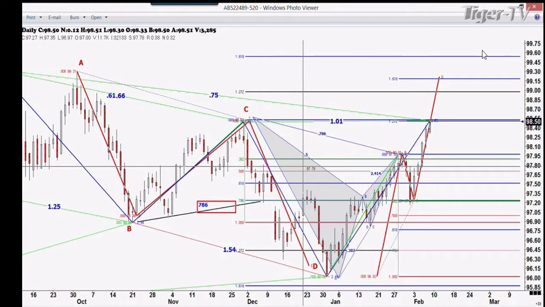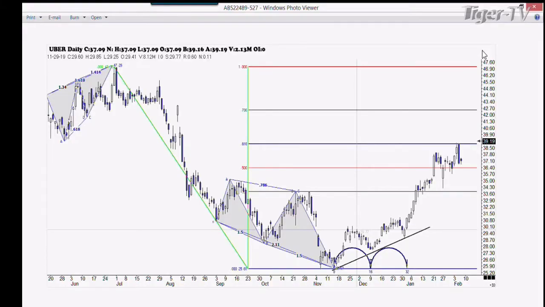Now, there is a stock that's in the news that I think really is a testament to pattern recognition, and I wanted to spend a little bit of time this morning looking at that, and that is Uber. If you'll remember, when Uber came out way back in May of last year, it got all the way up to 47. As you can see there, on June the 30th, we were making a beautiful three-drive to a top pattern.